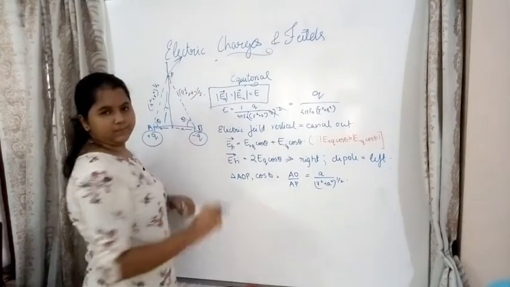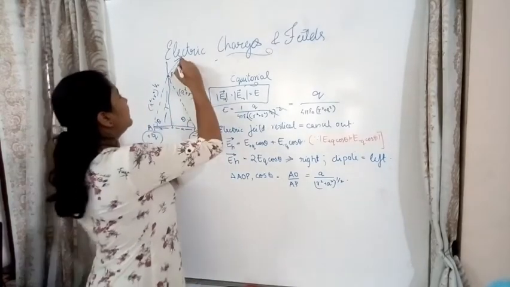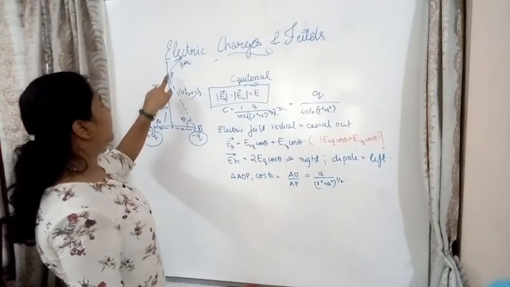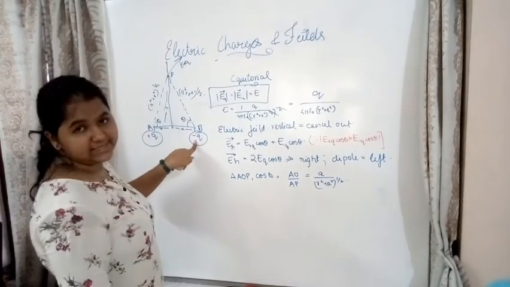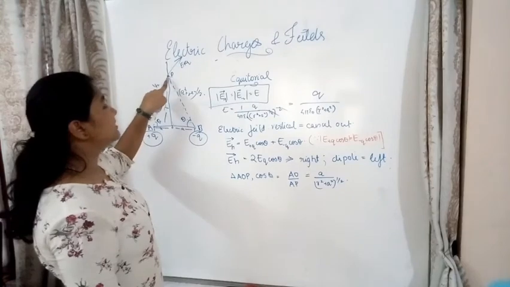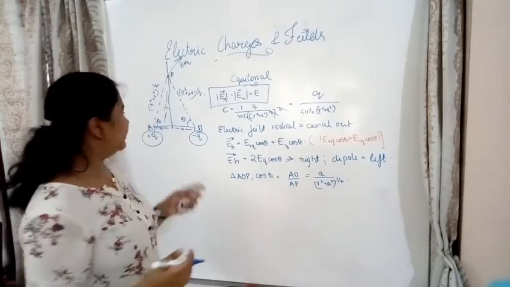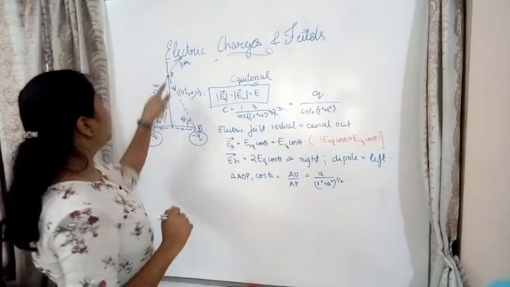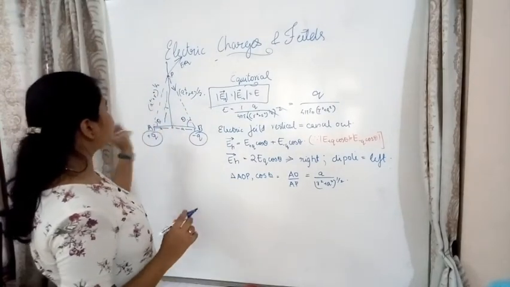In this direction. So this is E plus Q. And over here this is minus Q, and this is a positive charge, so this will go inward. This is what is happening over here.